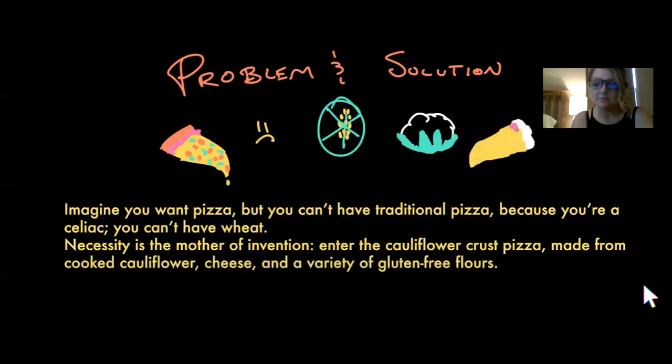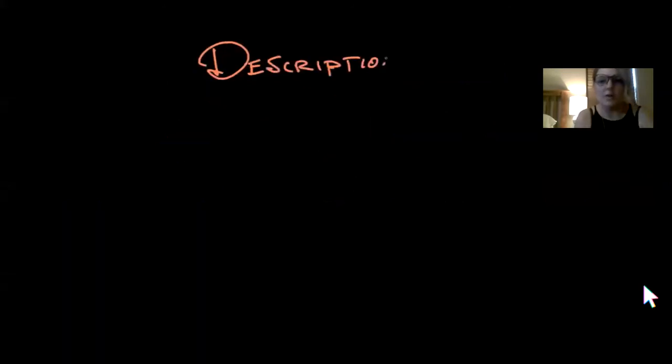You can't eat wheat and pizza dough is made of wheat. How do you solve that problem? By making pizza crust out of cauliflower, which I promise tastes better than it sounds. Finally, description. This is sort of like an encyclopedia entry that explains basic information about a topic, like an explainer piece about what pizza is. I'm going to read this as though I have never heard of pizza before.